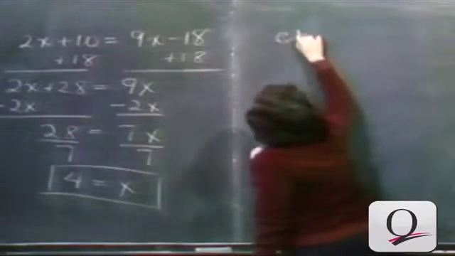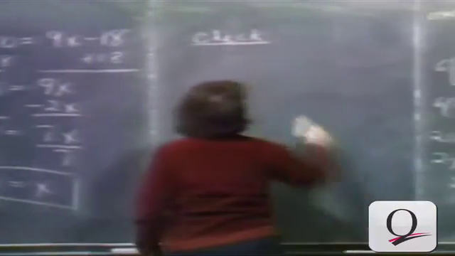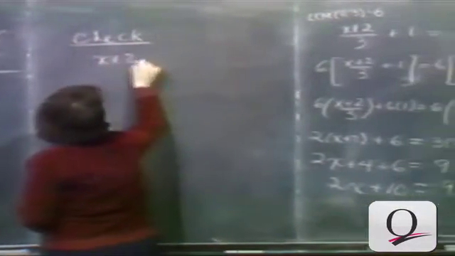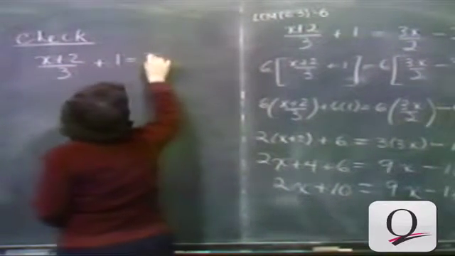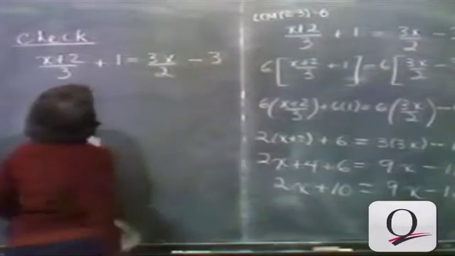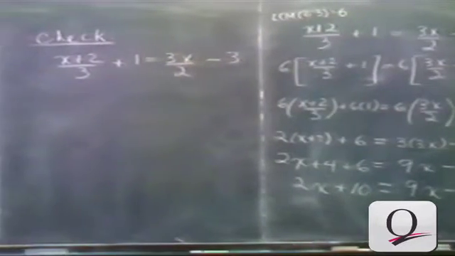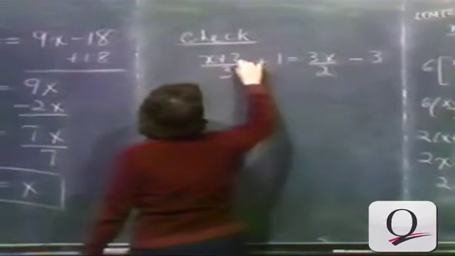Okay, let's try checking this one. To check, we'll go back to the original equation, which was x plus 2 over 3 plus 1 equals 3x over 2 minus 3. We're going to substitute in the value that we found, x equals 4, and hope that the left and the right sides match.